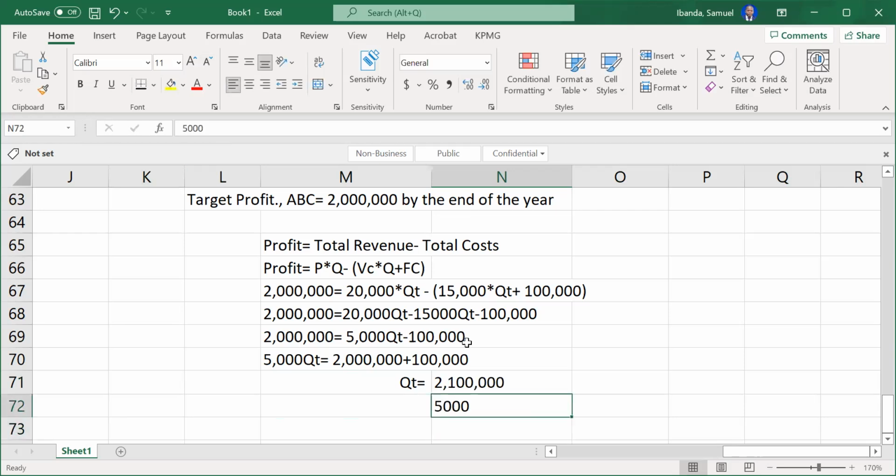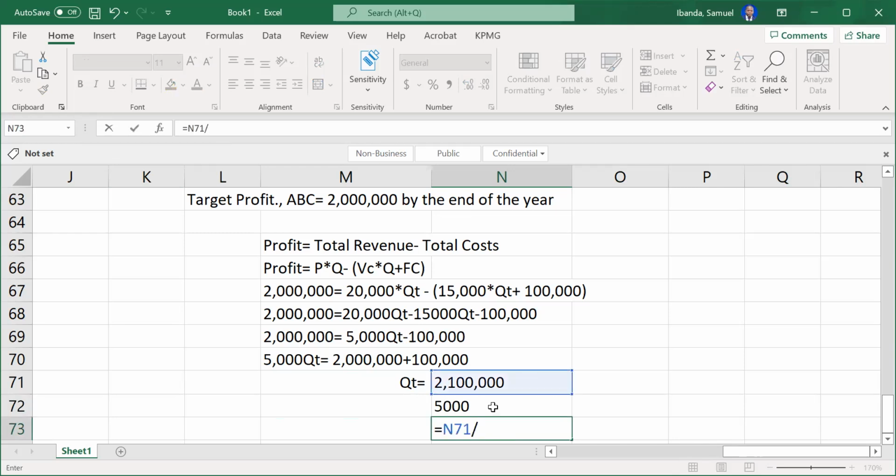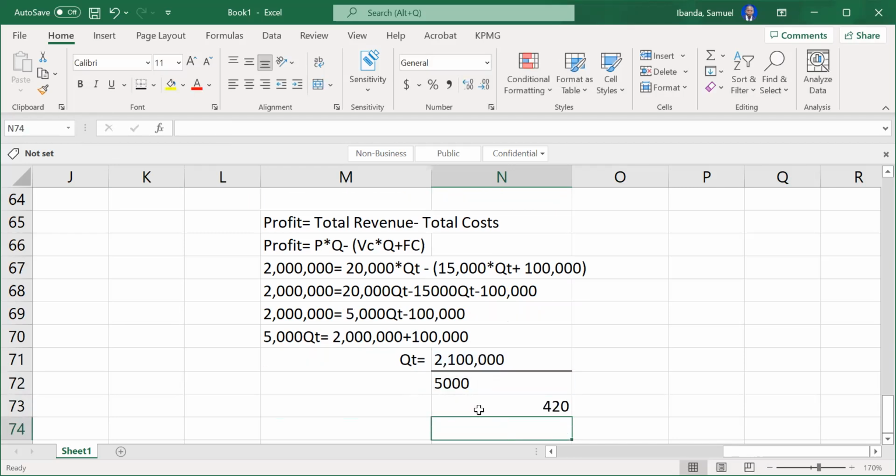So this will be this divided by this, which gives me what? It gives me 420 units.